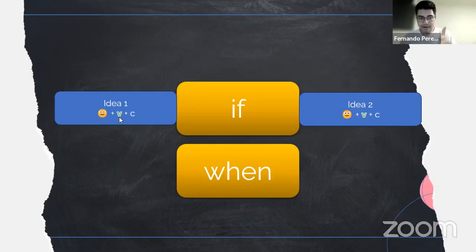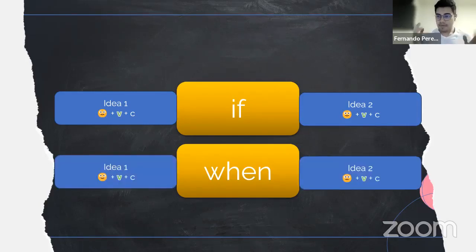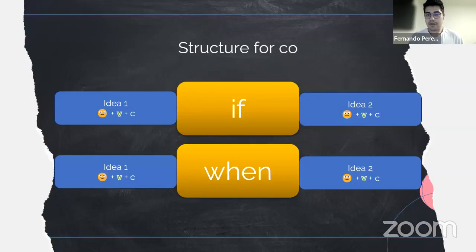Person, verb, complement if person, verb, complement. Or with when is the same, eh? No difference. Person, verb, complement when person, verb, complement. This structure is what we call structure of condition.